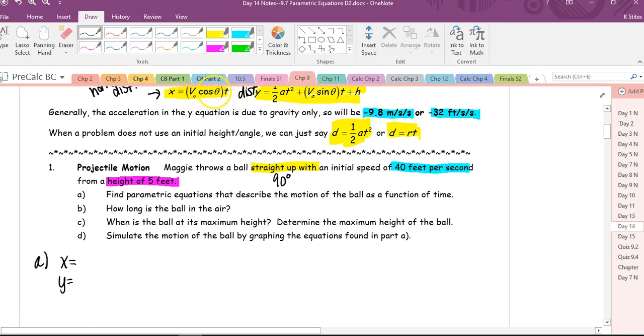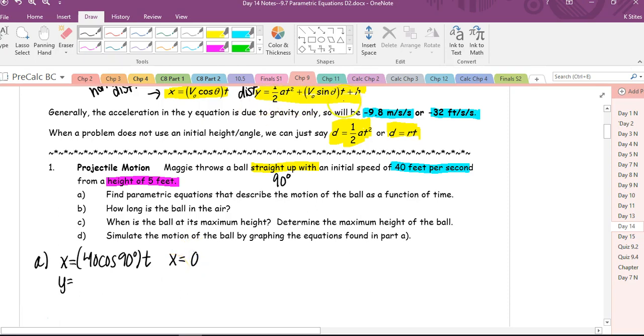We want to make sure we're multiplying that whole value by t, not just taking cosine of theta t. So x is going to be 40, cosine of 90 times t, and you can simplify that. Cosine of 90 is just 0, so this is 0 times t, or 0.